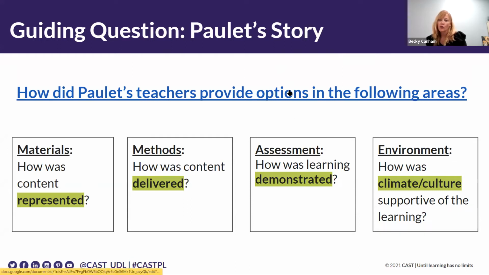You can record your thinking on our home base document or in your own notes. I am going to pass it to Wyatt and Paulet.